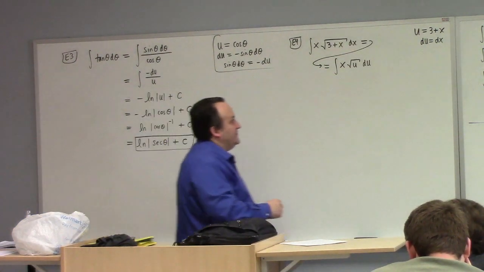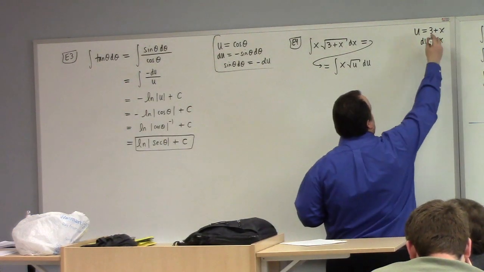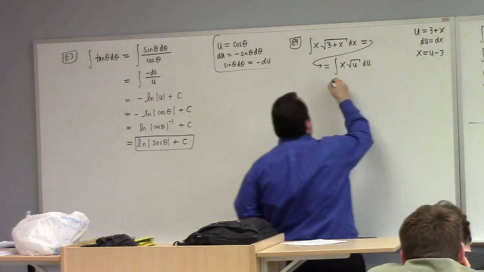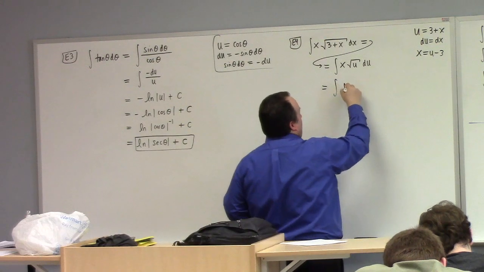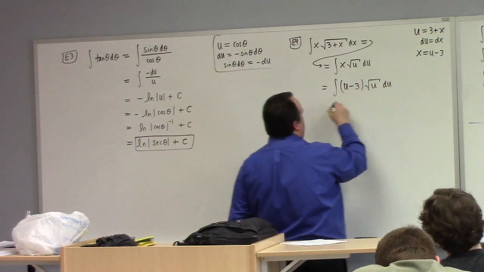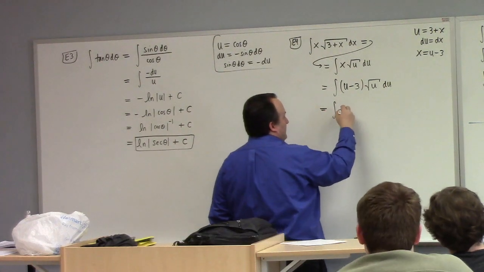Change x into u minus 3. Right. That is the thing to do. Solve for x. x is equal to u minus 3. So that is in fact equal to the integral of u minus 3 times the square root of u du, which then we can do by our usual means.